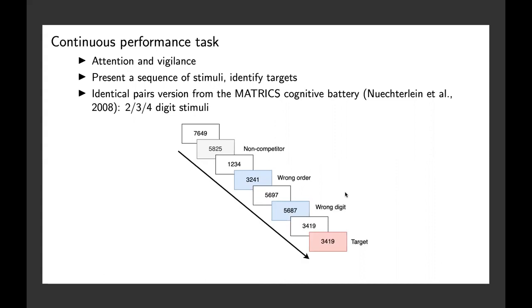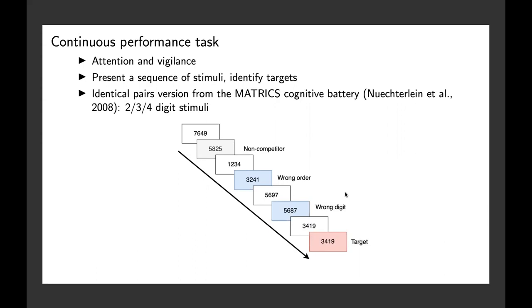The participants are asked to keep attention to these sequences and identify targets within the sequences and respond only to the targets. We pay particular attention to the identical pairs version of the continuous performance task, which is adopted in the matrix cognitive battery to assess attentional deficits within people with psychological disorders.